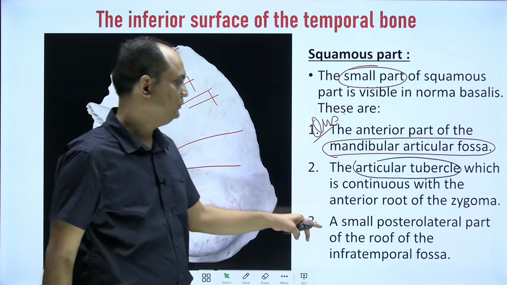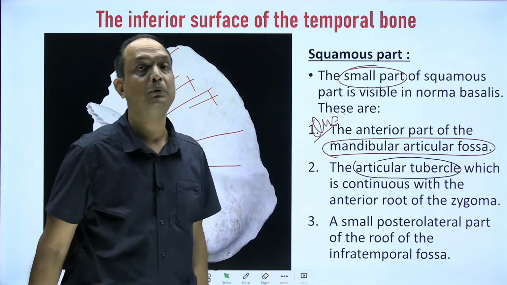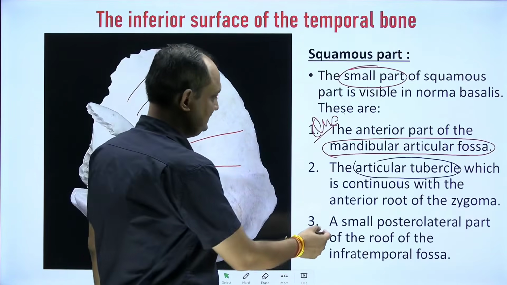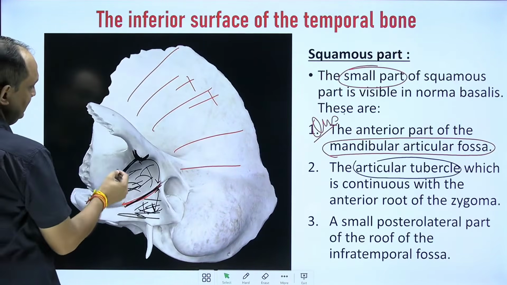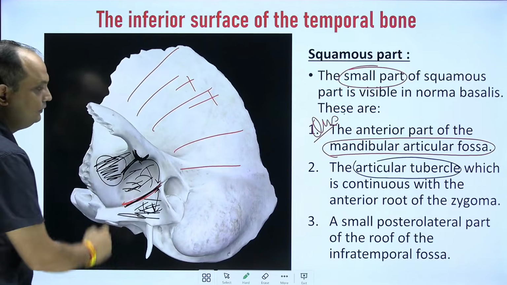Then there is a small posterolateral part of the roof of the infratemporal fossa. This is the infratemporal fossa, so this small infratemporal part is also visible.